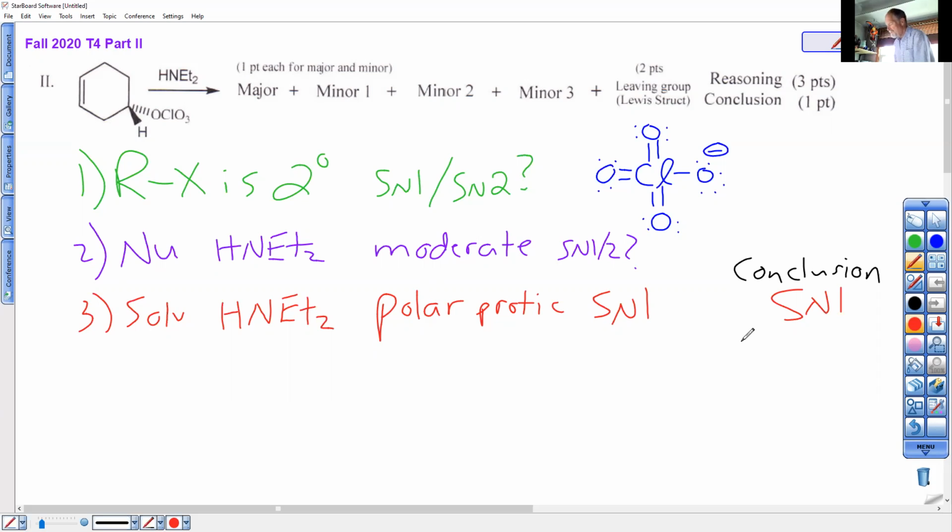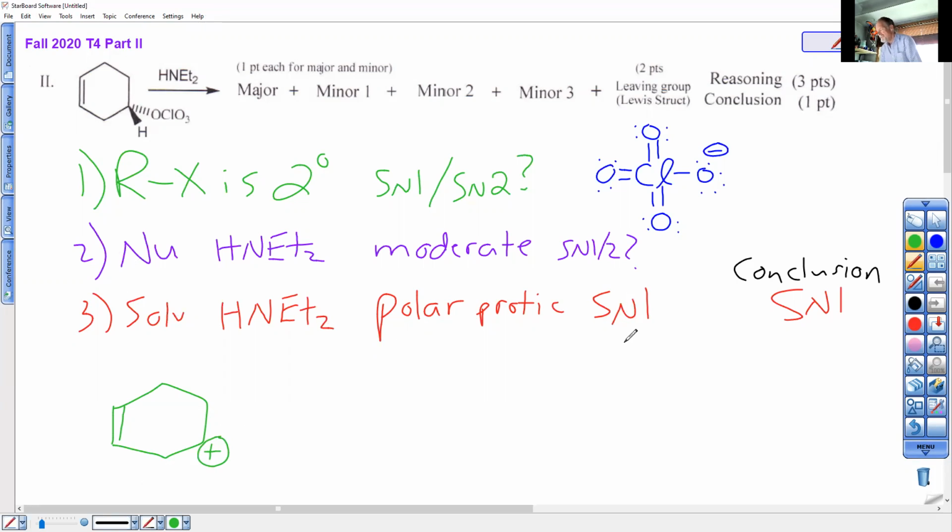We don't get points for doing the mechanism, but sometimes looking at the carbocation helps. After that leaving group leaves, you have a cation over here. And because it's a protic solvent, we can make this cation, which is secondary. That's why we said SN1.